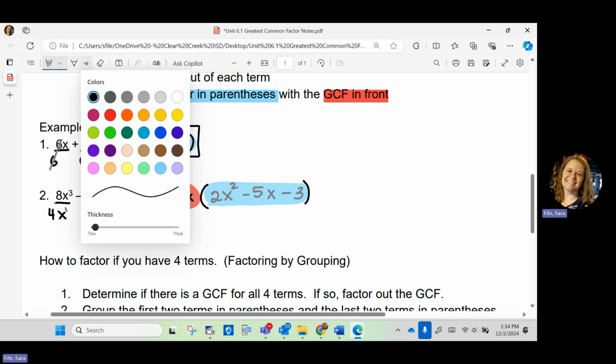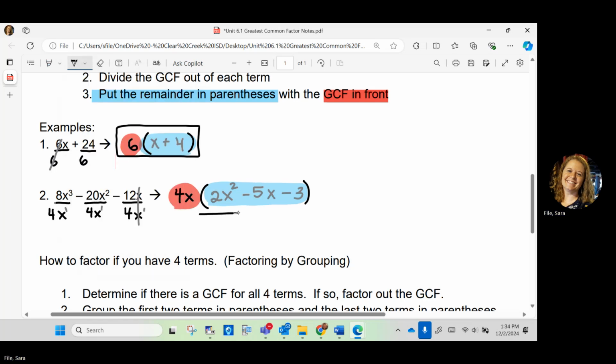So that is the factored form of that polynomial expression. Factored out the GCF of 4x, and then here's what we were left with. If we were to multiply that 4x back in, if we were to distribute it, it would get us back to this original polynomial. We feel okay about that, GCF?